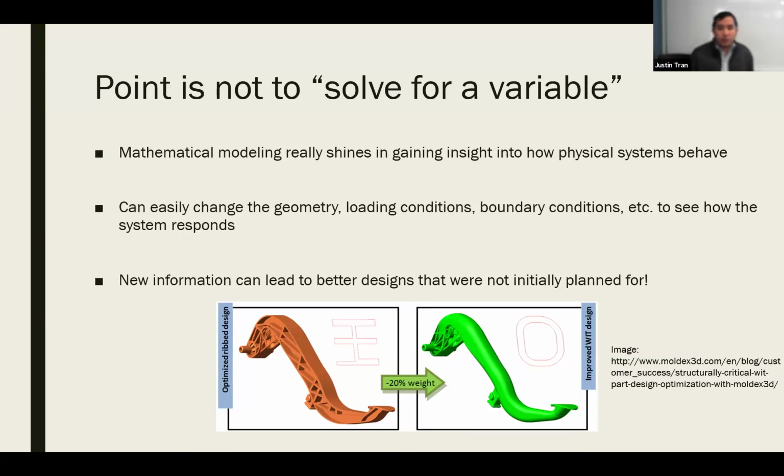Okay, and so through that, you can use this information to lead to better designs that you may not have initially planned for. So maybe you have a part that looks like this, and then through mathematical modeling and simulations, you're able to come up with this design that may perform exactly the same, but you've reduced the weight by 20%. Okay, and you did this mostly by changing the cross section, and this is only possible with a mathematical model that you can use to model the behavior. Okay.